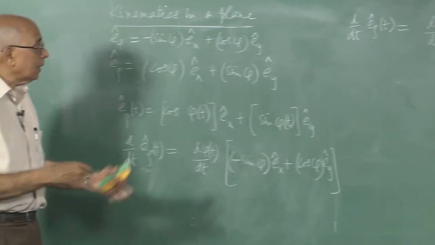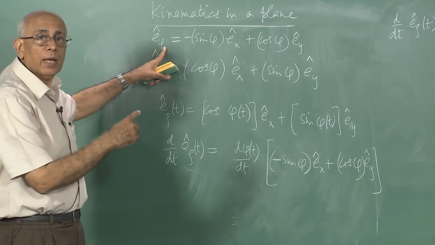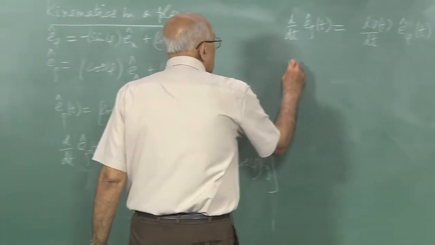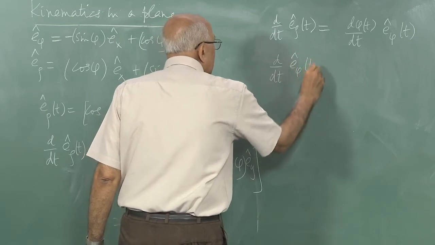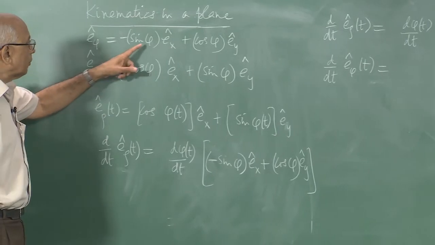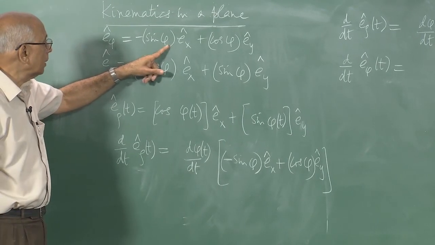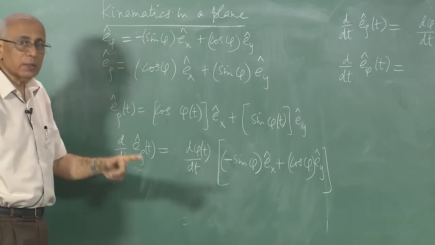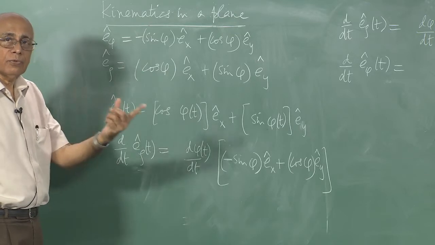In fact, while we are at it, we may as well find out the derivative of this function with respect to time. So let us also write d over dt E phi of t. We differentiate this with respect to time, since phi is a function of time. The derivative of sine phi is cos phi, there is a minus sign here, and then the derivative of phi itself.